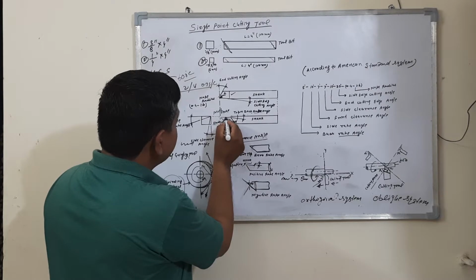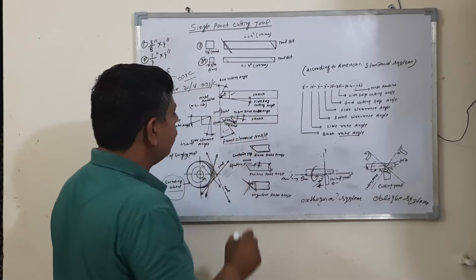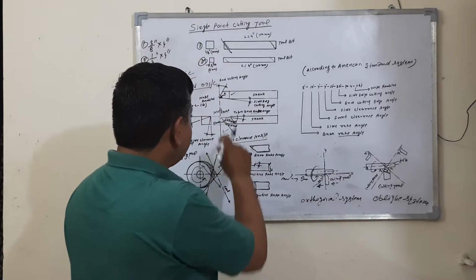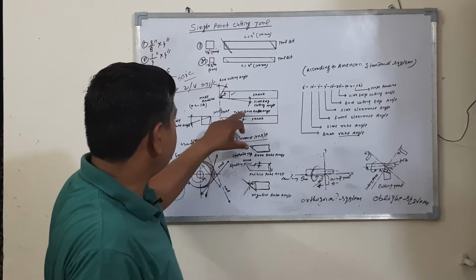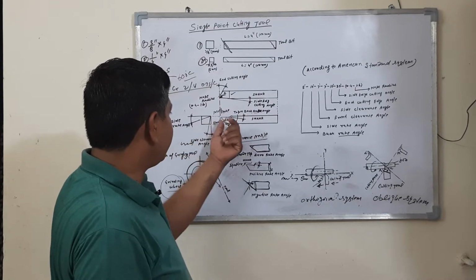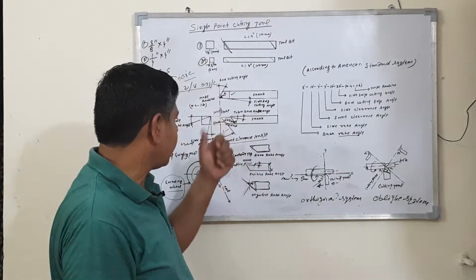This angle is the back rake angle or top rake angle. The tool is held in this way to perform the back rake angle. What is the function of the back rake angle?